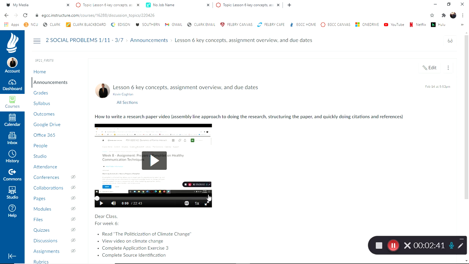It just has a lot of great information in there for you, especially if you've never really done research. You don't know how to structure a paper, you don't know how to use headings and subheadings and page numbers in the top right corner, and if you don't know how to use a title page. And again, I've emailed all of you a template for your choice if you'd like to use it, just in case, because I know that I struggled with writing early on, and it was a hard thing for me to do. So I spent a long time trying to learn to get better at it, and I really had to work at it.